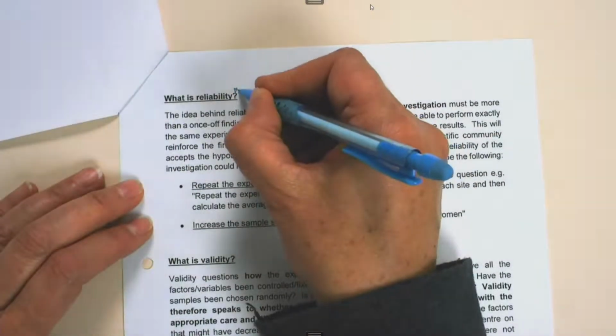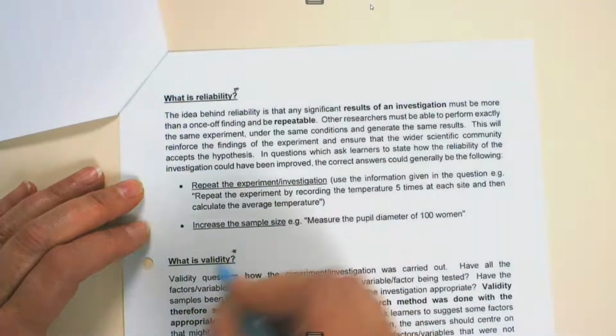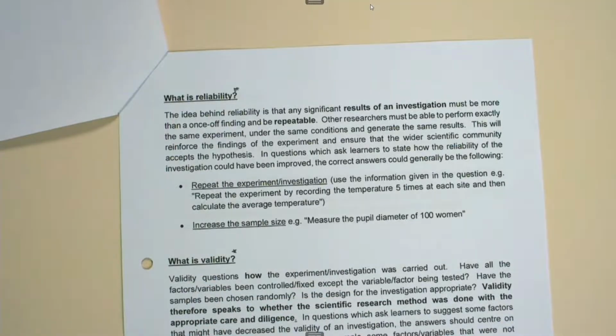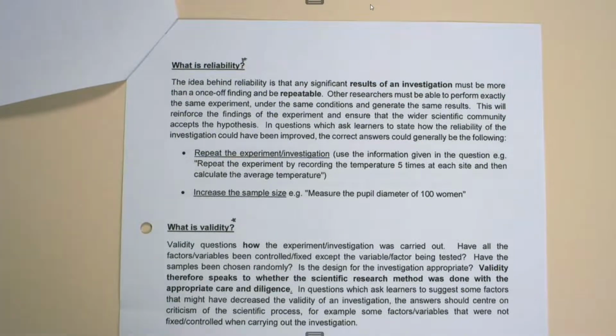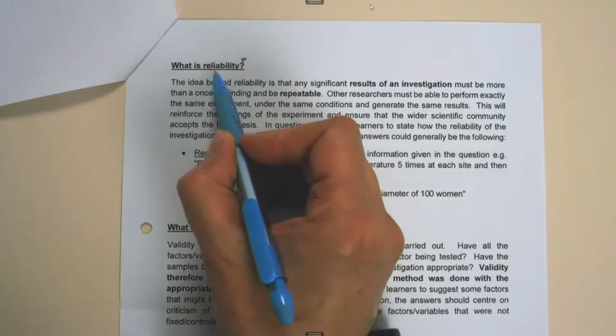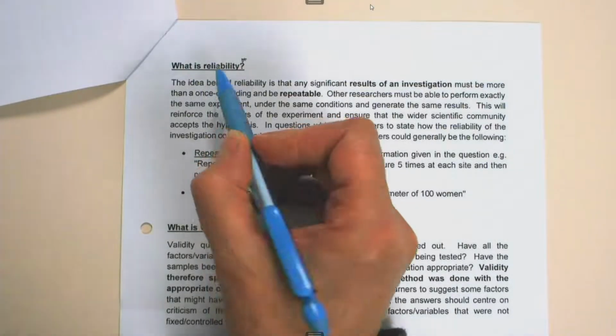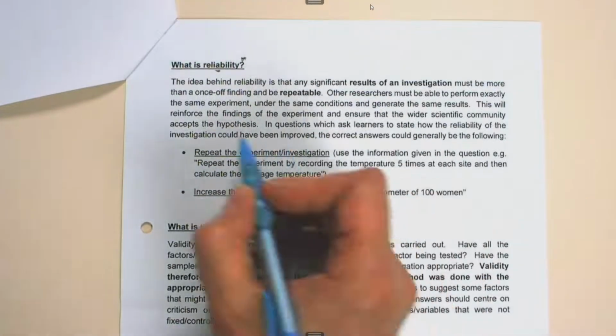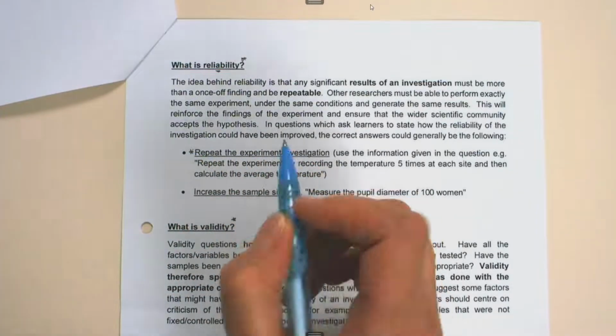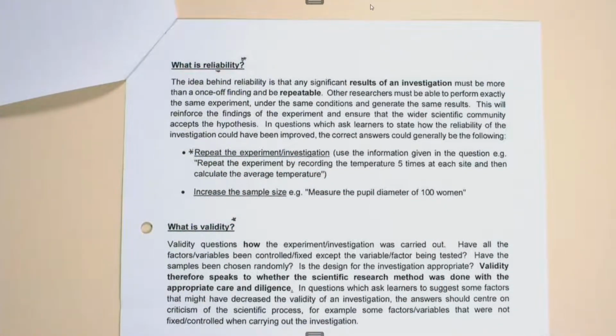And then lastly, also important, reliability and validity. Ladies and gents, this is important, grade 10, grade 11, grade 12, all the way to the top. So whenever they ask you what makes an experiment reliable, you will say you have to repeat the experiment. You need to do it more than once. You can't just do something once and say, okay, but this is now true.